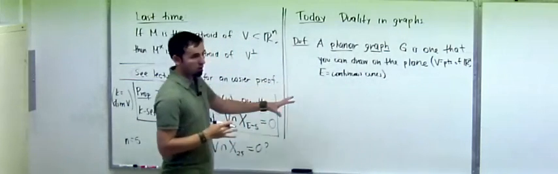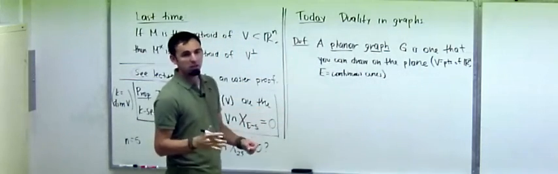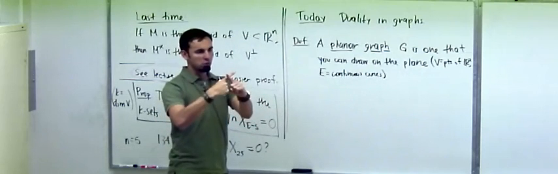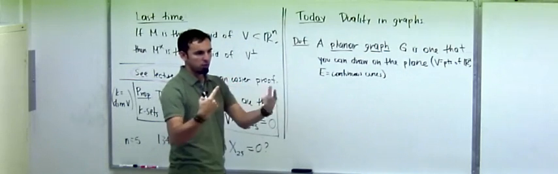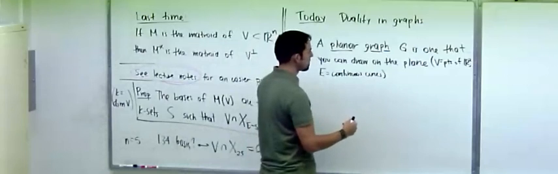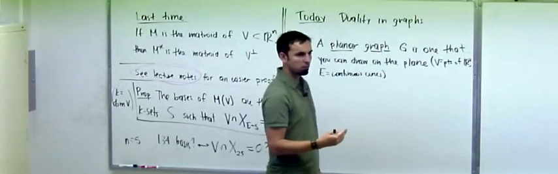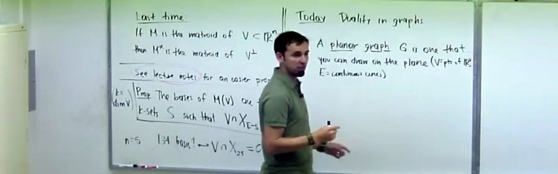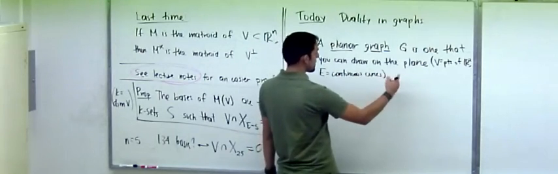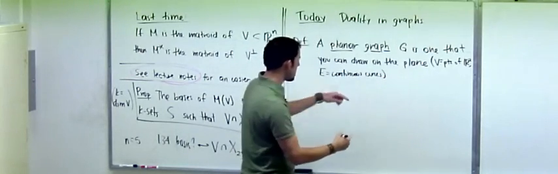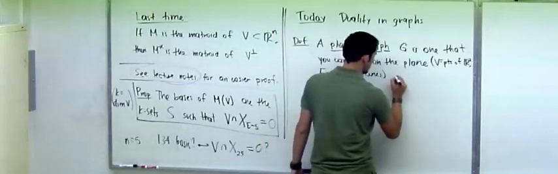You want a drawing on the plane with continuous curves so that two curves do not intersect if they're not supposed to. Meaning only at a vertex can they intersect.